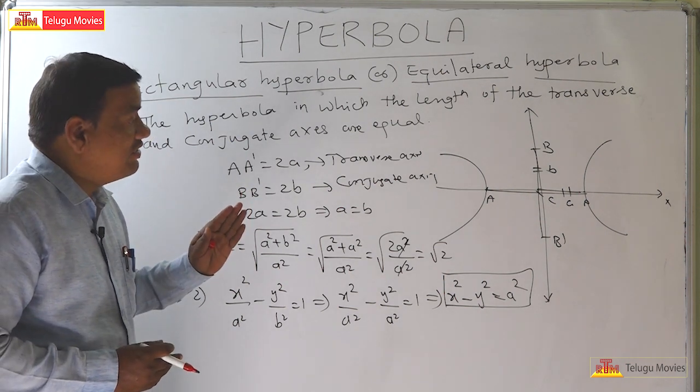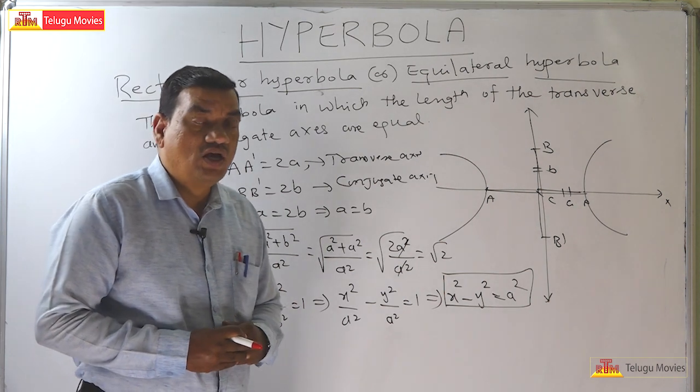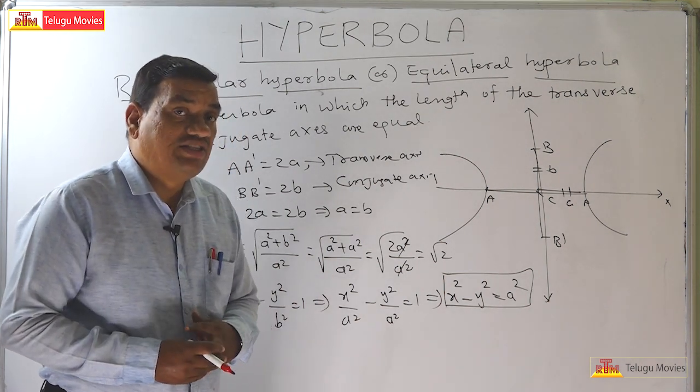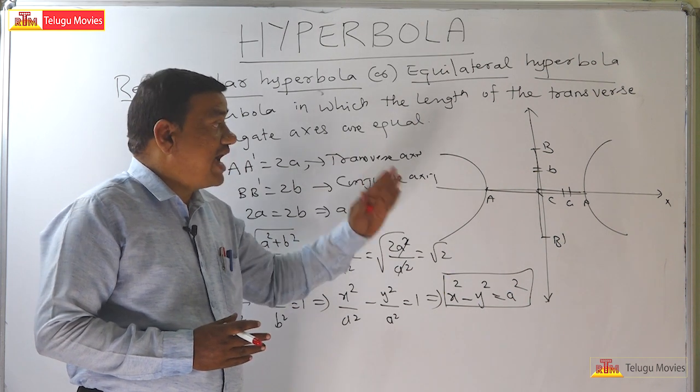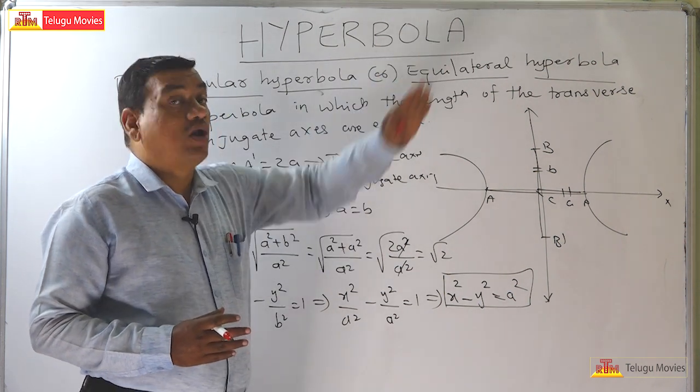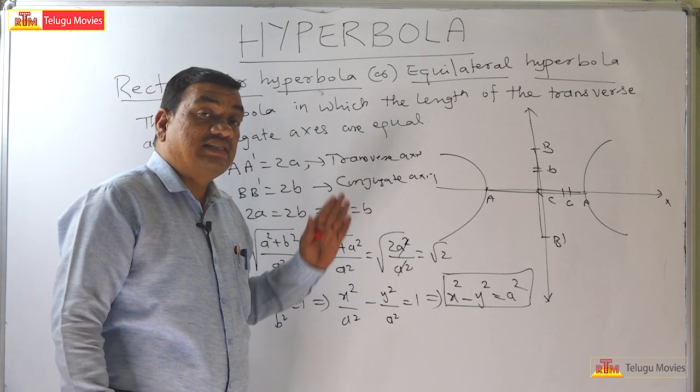Now we are going to see the equations of the asymptotes. We already explained asymptotes: asymptotes are the tangents of the hyperbola which touch the hyperbola at infinity.